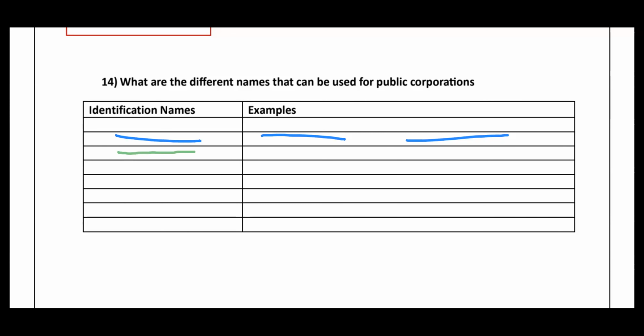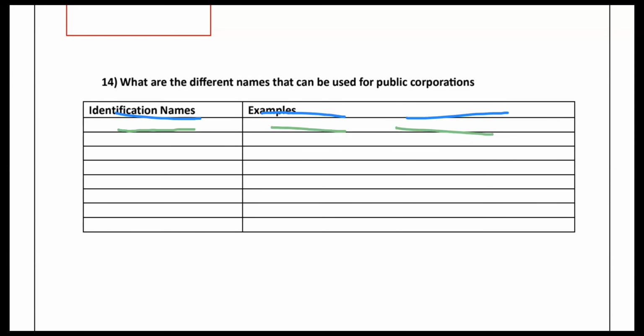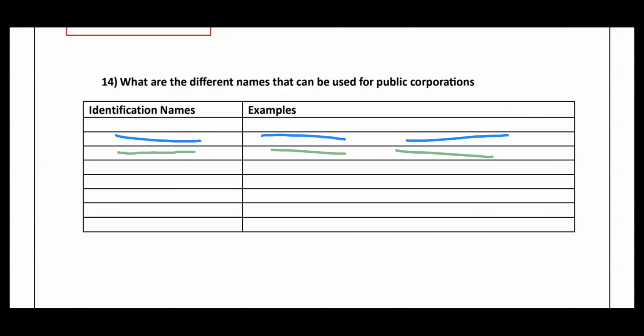That's a public corporation. Great. Institute. Yes, that's correct. And the National Institute of Business Management. Institute, we have Sri Lanka Standard Institute, and the next one is National Institute of Business Management.